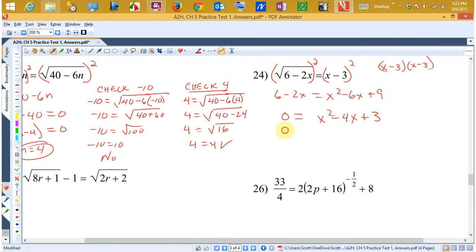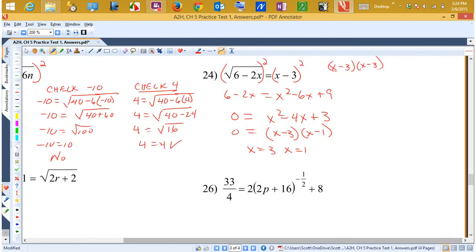So let's see if I can factor it. I would have x minus 3, x minus 1. So I can have x equal to 3, x equal to 1. Let's see if those work. So I'm going to check 3.